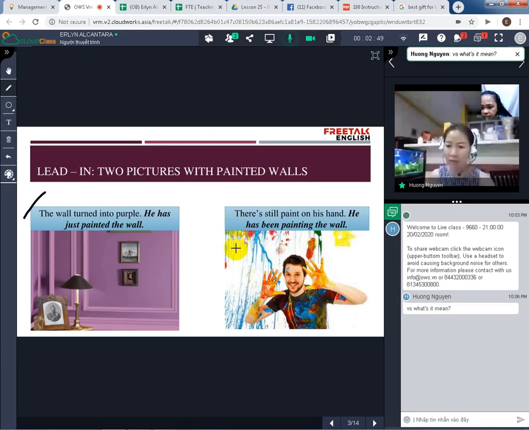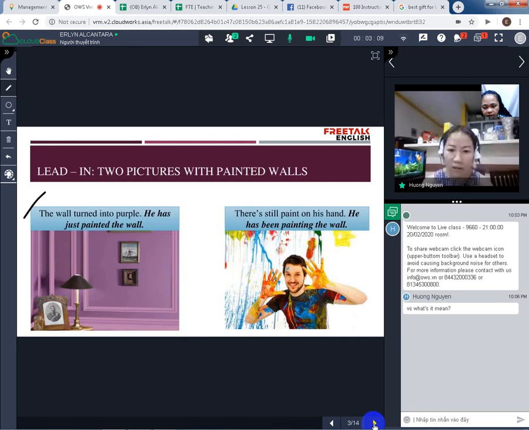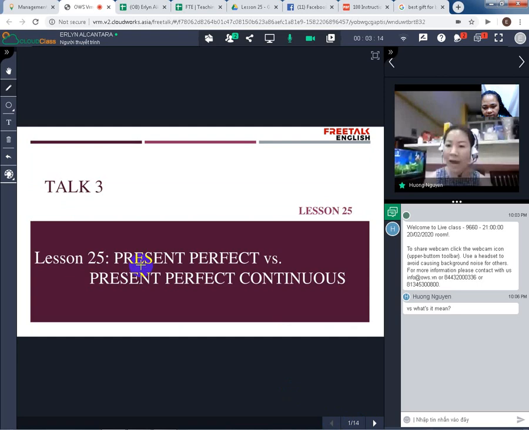It's the last slide, the slide before. You tell about the present perfect and VS. No, the first slide. Present perfect VS, versus.